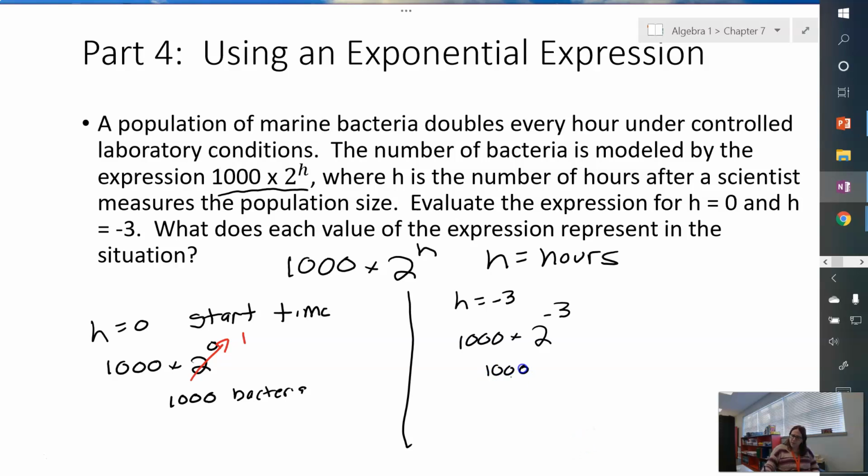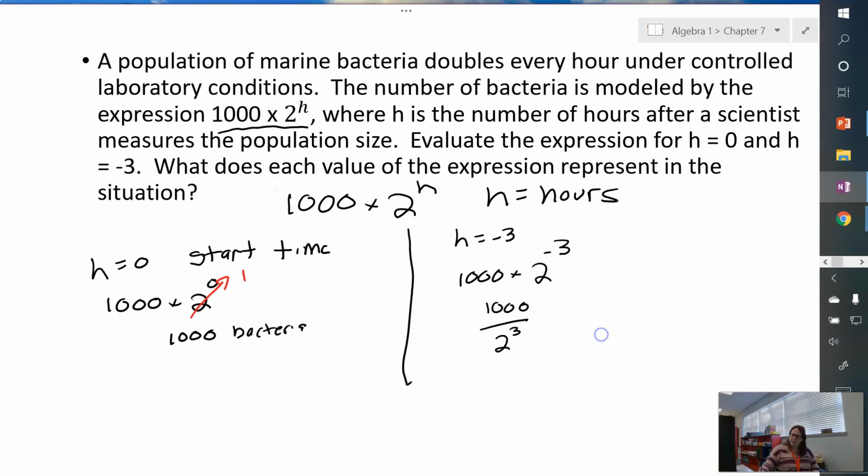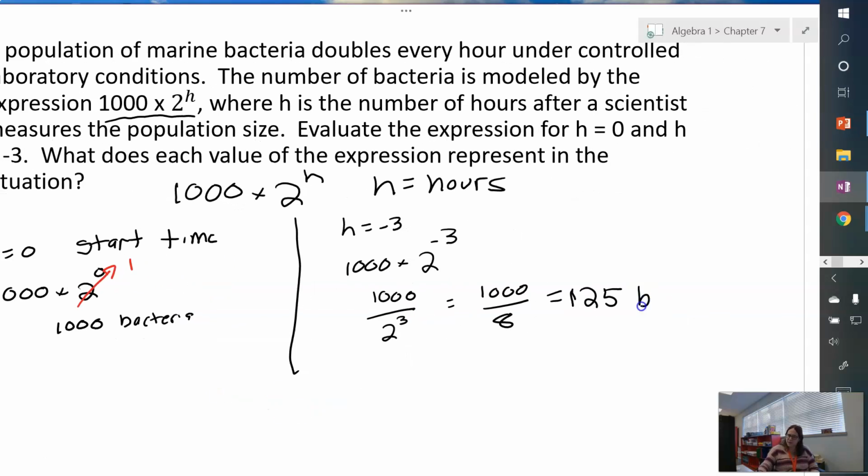I get 1,000 over 2 to the 3, which equals 1,000 over 8. Grab your calculator, do 1,000 over 8, and I get 125. So this means that 3 hours before the scientists started the experiment, there was 125 bacteria.